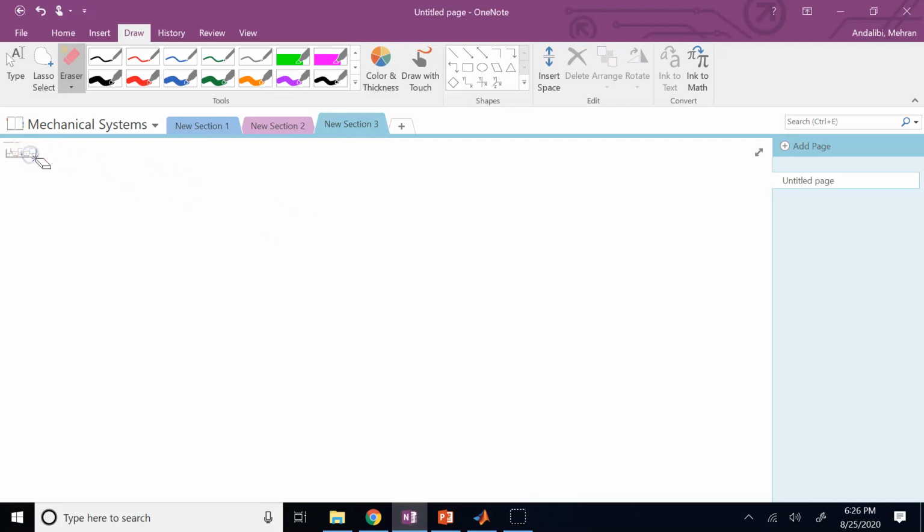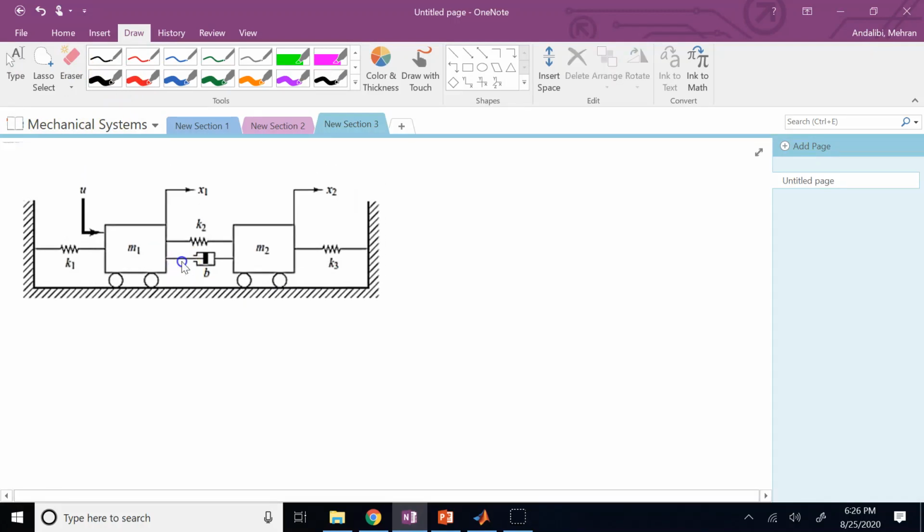So this is our first system. A 2 degree of freedom vibration system where you have 2 masses. They are connected to each other and to the ground using a bunch of springs and a damper in between. The degrees of freedom for the objects is only along the x direction.